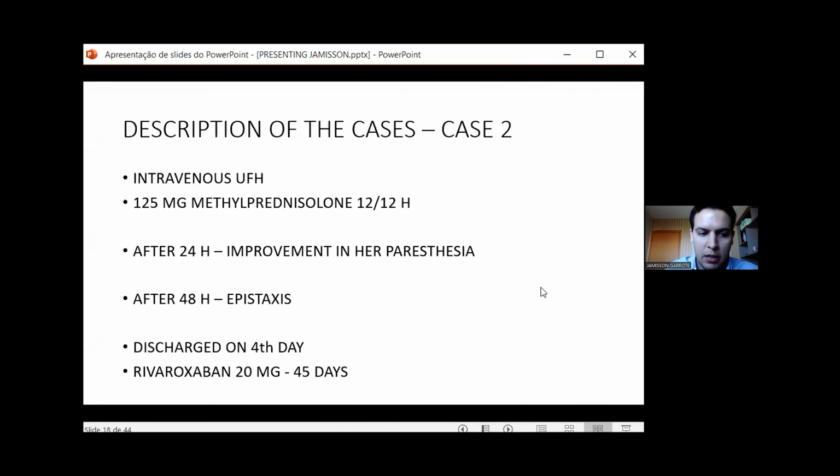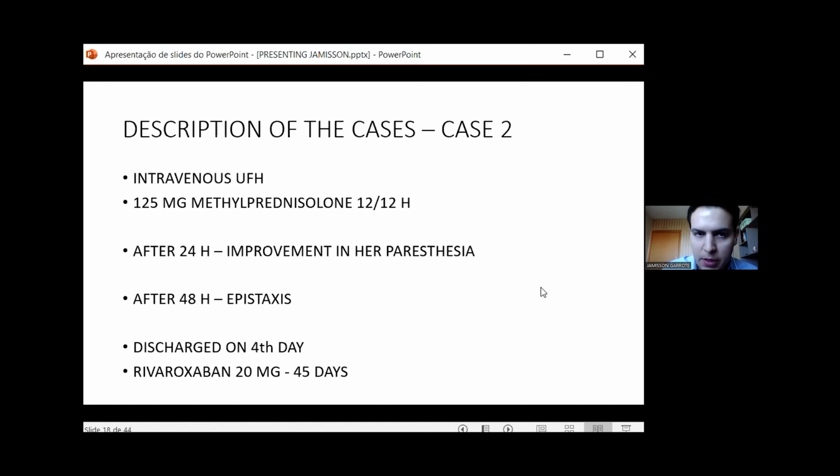So we started intravenous unfractionated heparin and methylprednisolone every 12 hours. After 24 hours, she had an improvement of her paresthesia, and after 48 hours she had an episode of epistaxis, so we reduced the flow of the intravenous heparin.